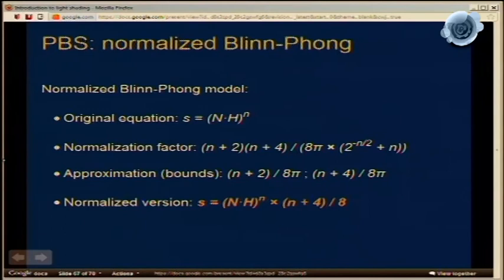Blinn-Phong is a bit more tedious because the normalization factor is a bit heavy, and we don't really want to have this on our hardware. But the fact is, you can use an approximation by using bounds. I've seen two approximations, the two I've written, which are a lower bound and an upper bound, it seems. So you can just pick one of them and apply it to your equation.